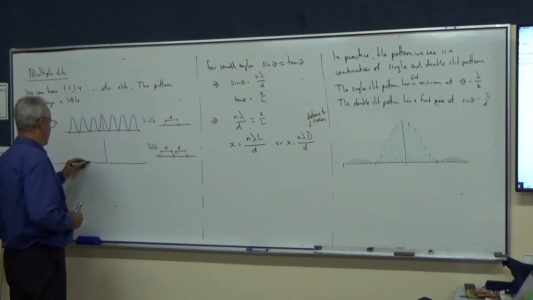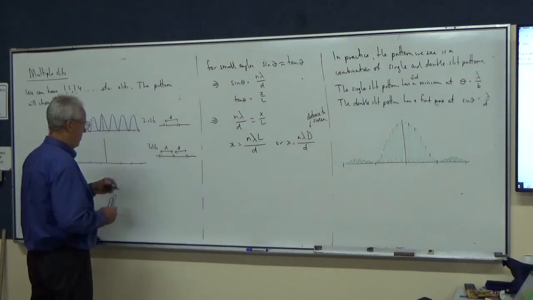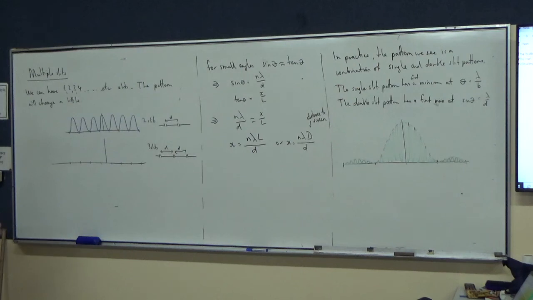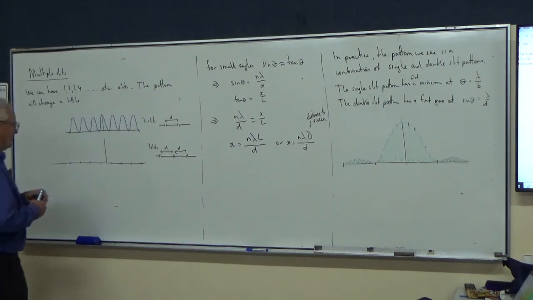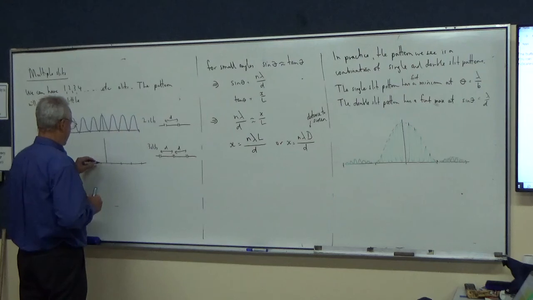So I'm just putting these lines straight down from above. But what happens is the maxima become a bit sharper. Not much difference between 2 and 3, and you get little secondary maxima in between. So I'm going to make this sharper and more intense.